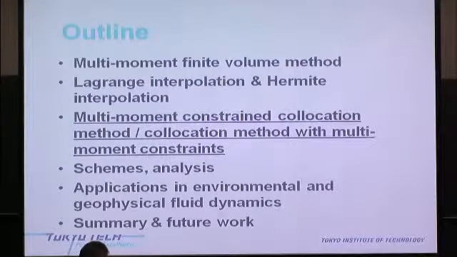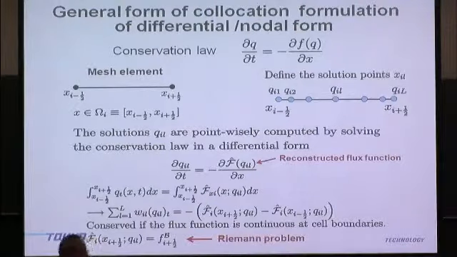And now, as I just said, we will try to devise a multi-moment constraint collocation method. At first, I just give a general form of it. We consider this conservation law. F is a flux function, which is a function of Q, and Q is a state variable.